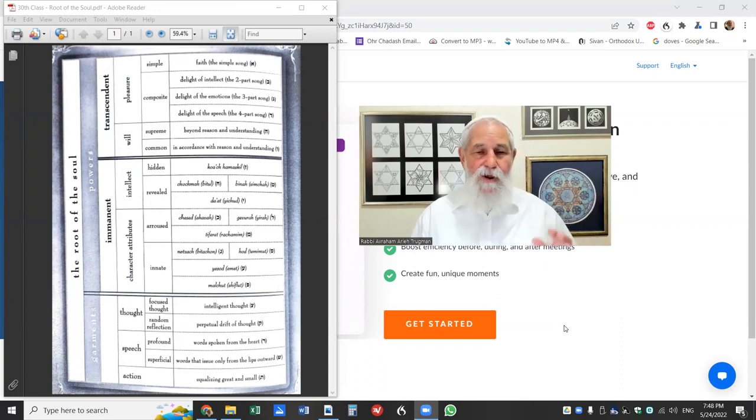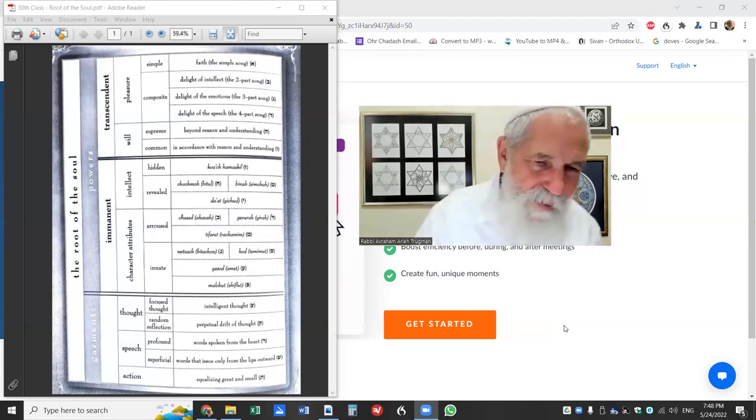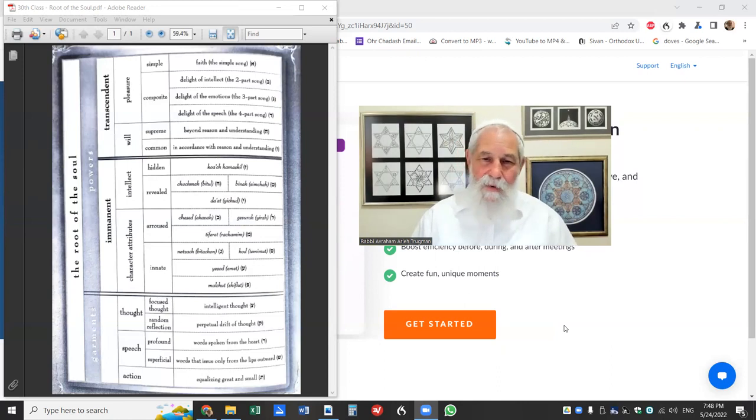And then there's what's called superficial speech, which here it says words that issue only from the lips and outward. So this is what we call lip service. When a person is not talking from their heart, they're going through the motions of saying what should be said, of being polite and saying the right things at the right time. They don't necessarily mean any of it. They could mean it, but it's just superficial.